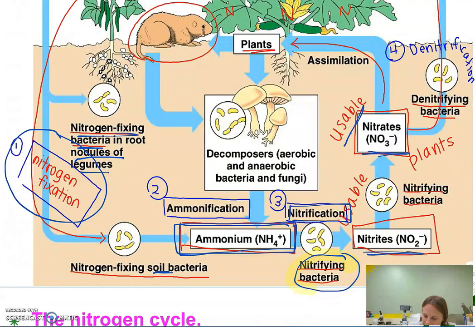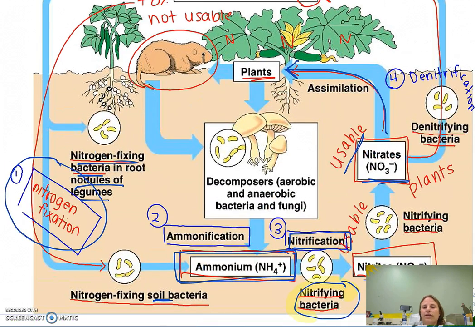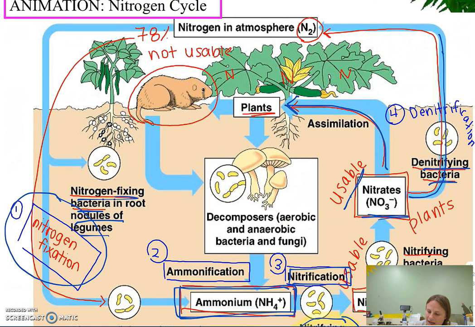So now our plants can assimilate that usable nitrogen into themselves. How does nitrogen return back to the atmosphere? Well, you've got these denitrifying bacteria, which are going to return those nitrites and those nitrates back into atmospheric nitrogen.